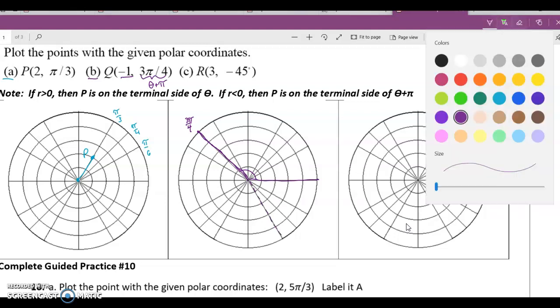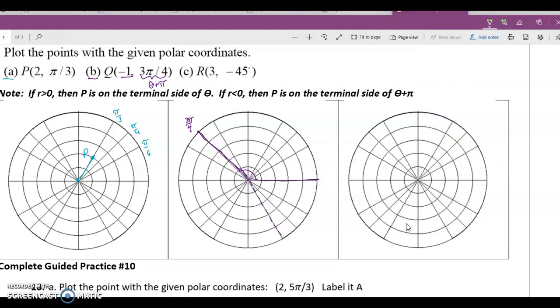I'm going to use a brighter color because I feel like you guys can't really see that. Much better, I guess. So this angle right here is theta plus pi, and then we go out a distance of 1 because our radius is -1. So this point right here is going to be Q.